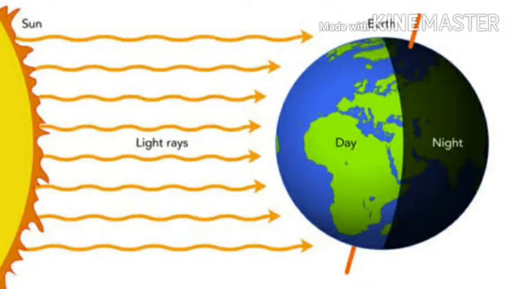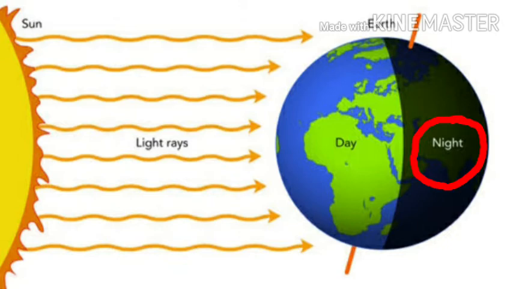While it is rotating, only one portion or one place can face the sun at a time, and that place experiences day, while the opposite of that place experiences night.